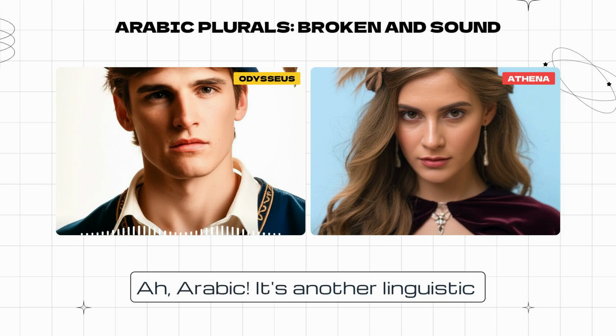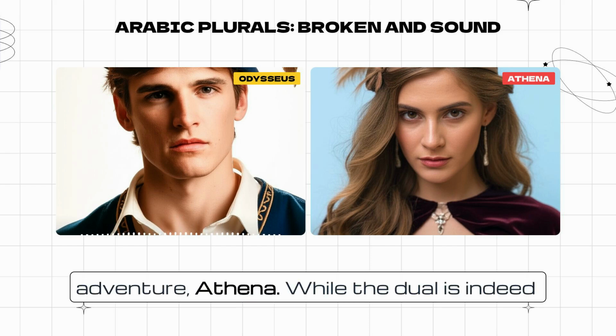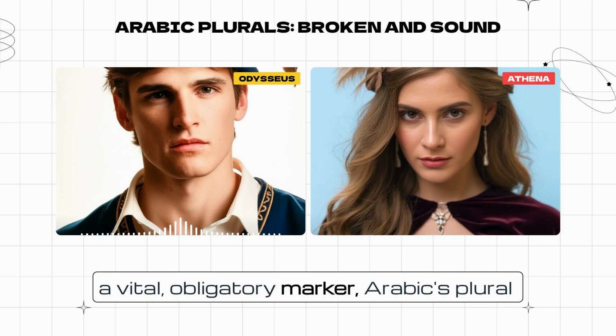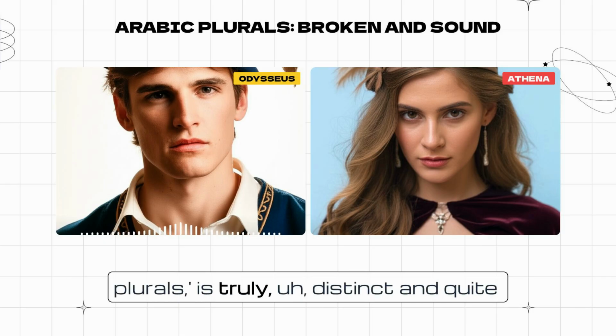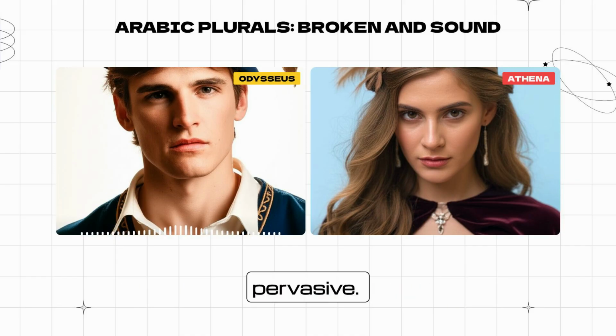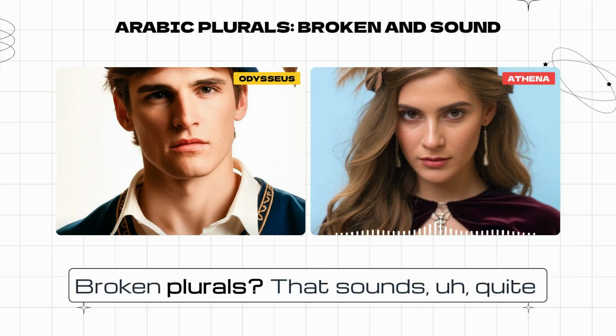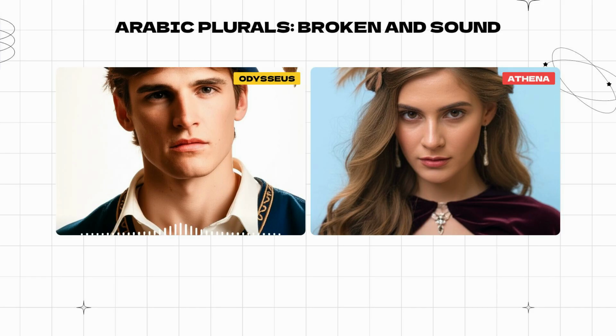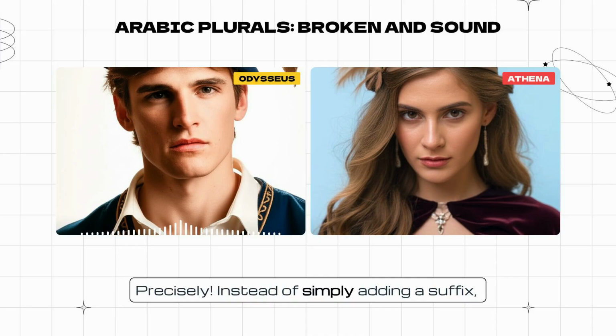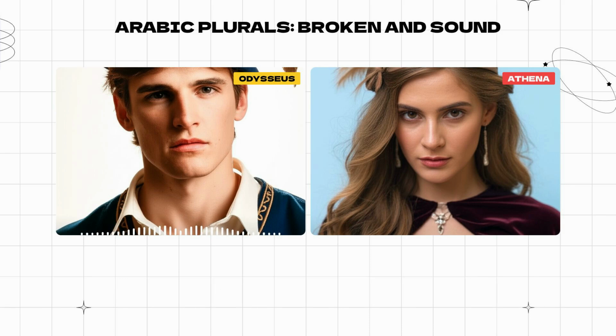Arabic. It's another linguistic adventure, Athena. While the dual is indeed a vital, obligatory marker, Arabic's plural system, especially with what we call broken plurals, is truly distinct and quite pervasive. Broken plurals? That sounds quite dramatic. Is it like the word just completely transforms? Precisely. Instead of simply adding a suffix, the singular word's internal structure changes.